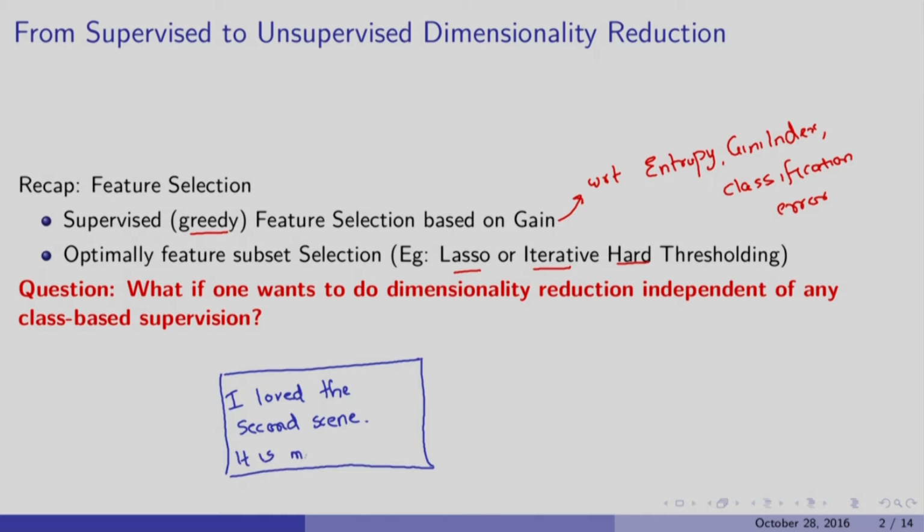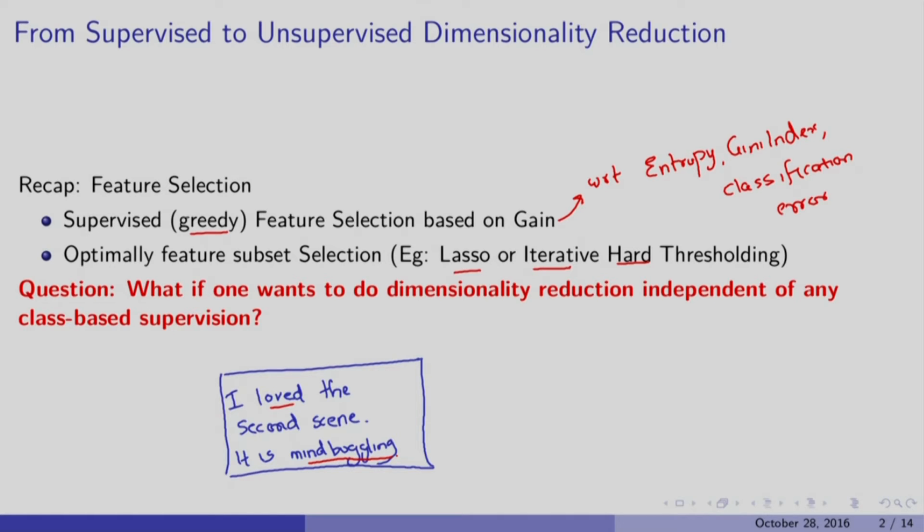It was mind-boggling. Now what you find here is that keywords such as loved and mind-boggling are highly correlated.